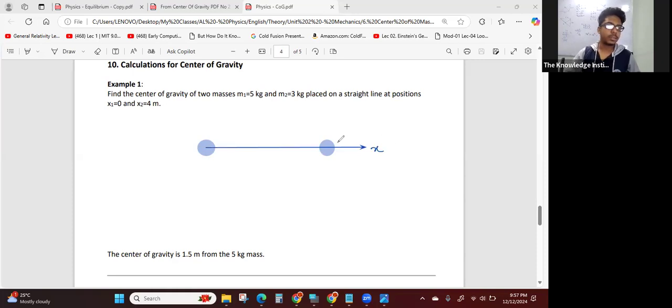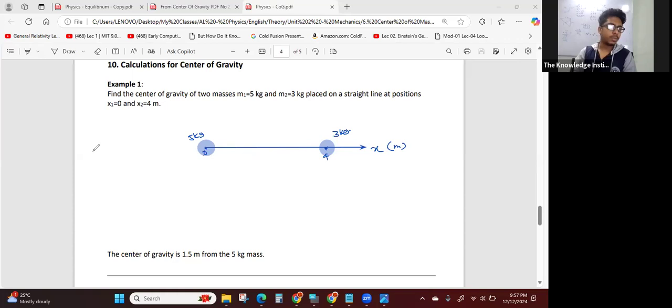So on the x-axis, this is 5 kilogram at the 0 coordinate, x is measured in meters, this is 4, and this mass is 3 kilogram. Now we want to find the center of gravity of these two masses.